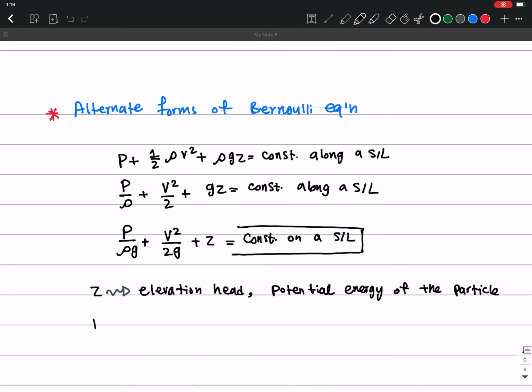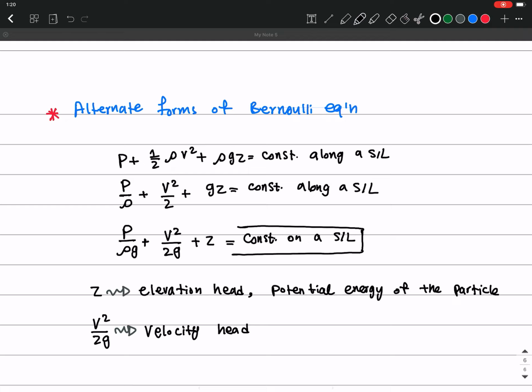And then the other one is V squared over 2g, which is here. This term we call velocity head, and it relates to the kinetic energy, right?